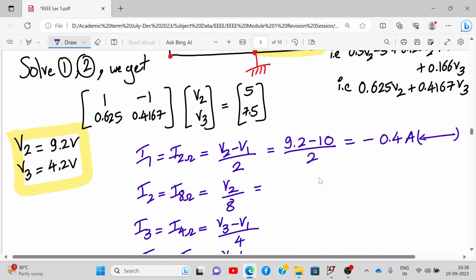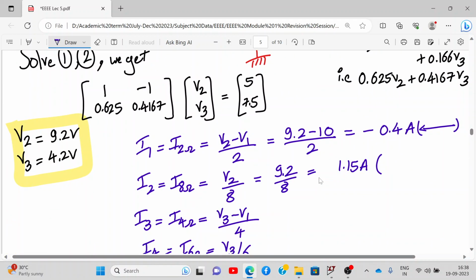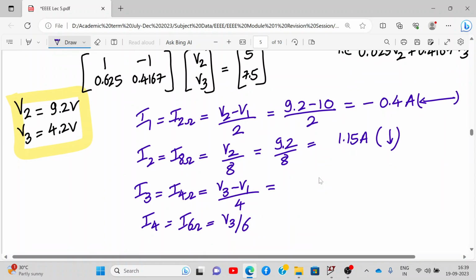Okay, I of 8 ohm resistance will be 9.2 divided by 8, that will be 1.15 amperes, and the current direction will be I2, going from top to bottom. Yeah, this is my current direction. Then I of 4 ohm will be V3, that is 4.2 minus V1, that is 10, divided by 4.